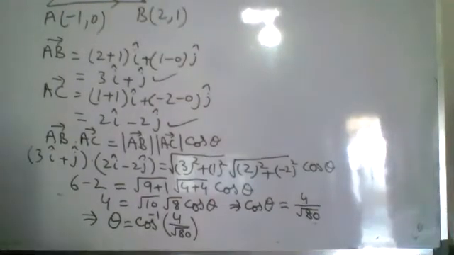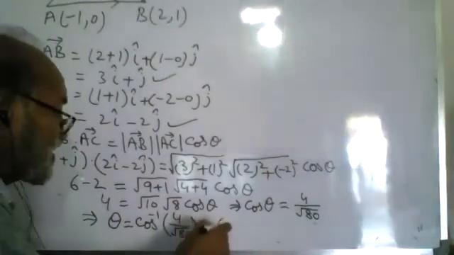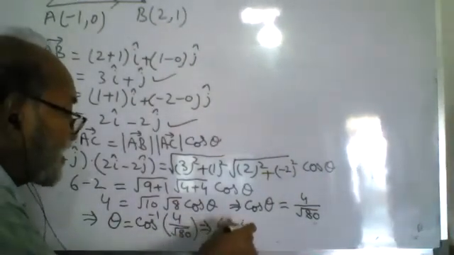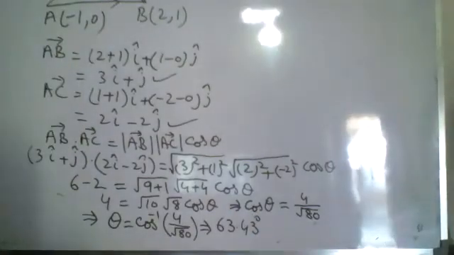You will write cos inverse, then bracket, then 63.43. Very good. 63.43 degree is the answer.